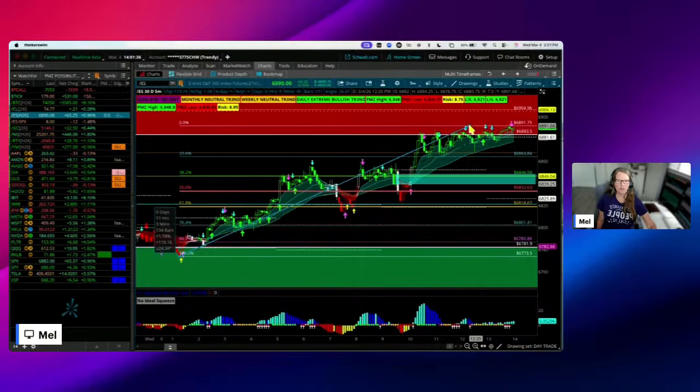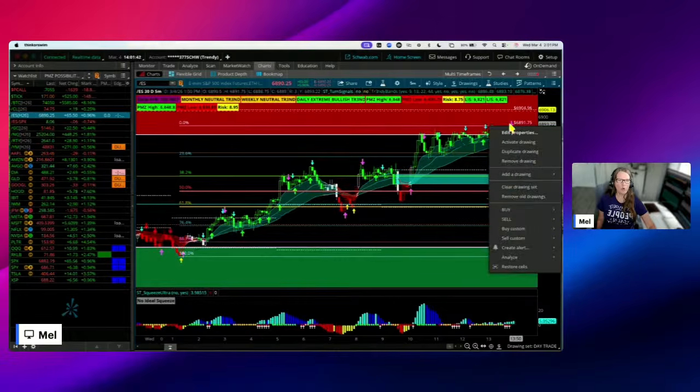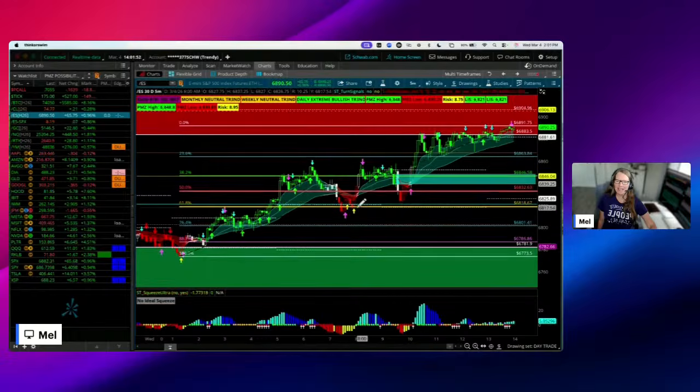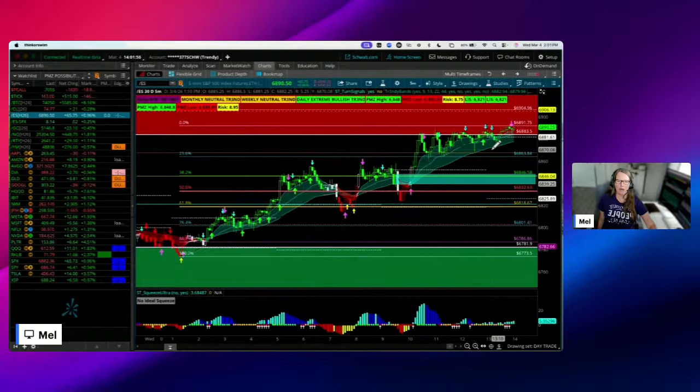The ES futures are actually up 118 points. Very nice bounce right there, nothing to scoff at in the ES futures. A very great bullish trending day here.